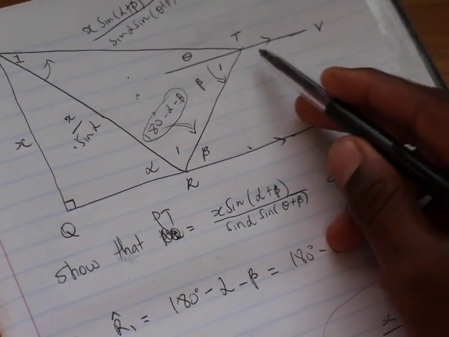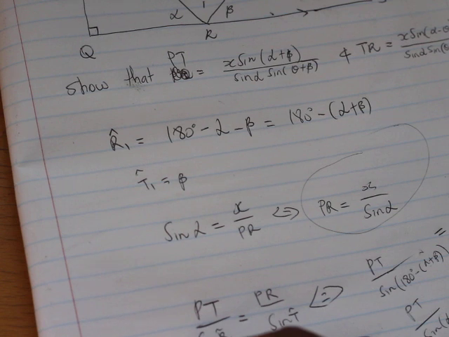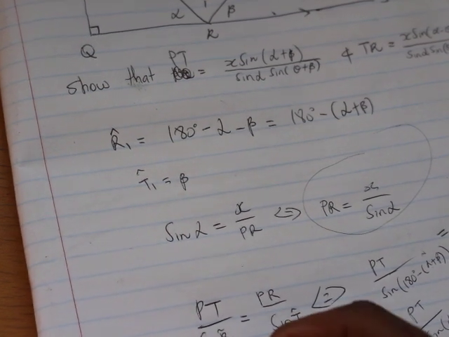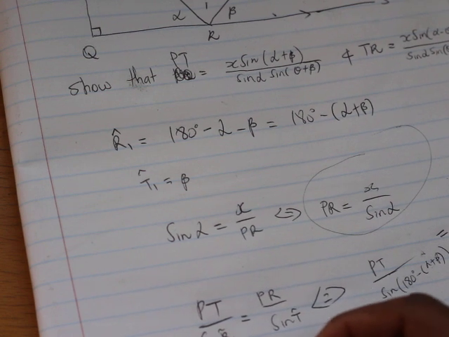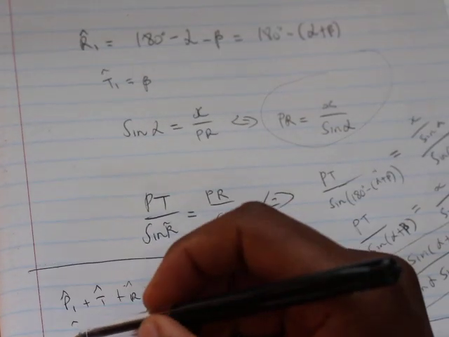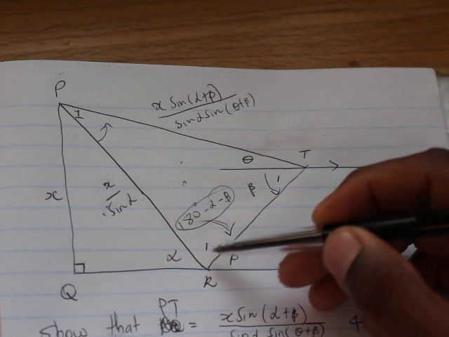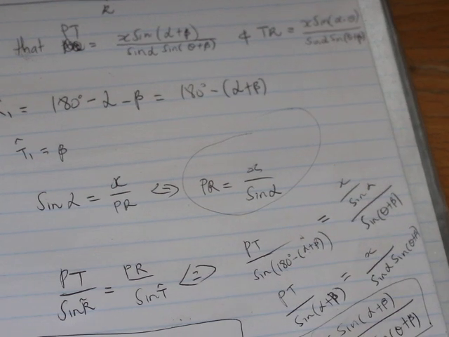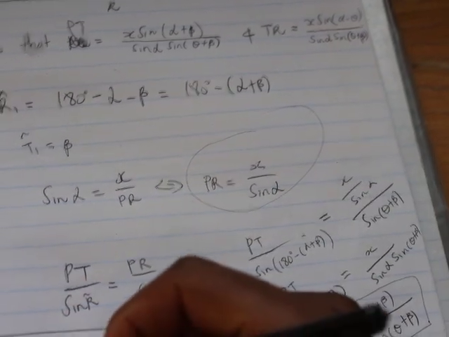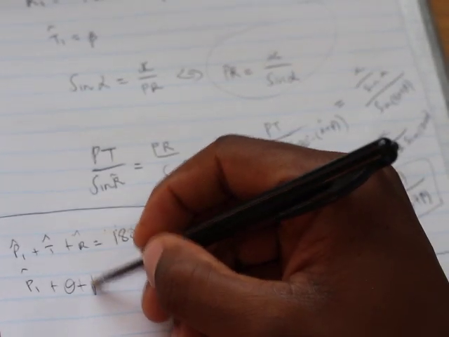So how can you find the angle P1? We know that angle P1 plus angle T plus angle R is equal to 180 degrees, because this is just a triangle. We already have angle T, which is theta plus beta.